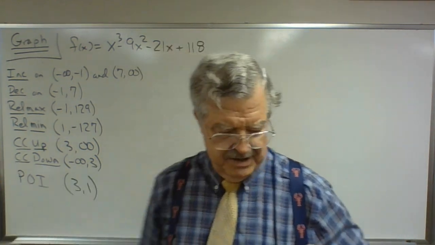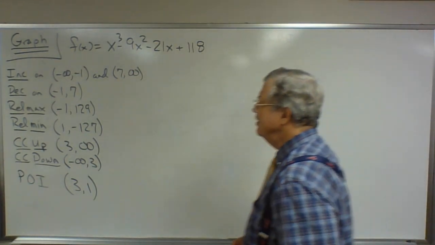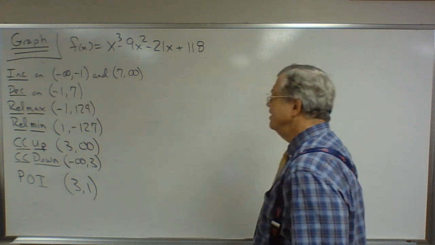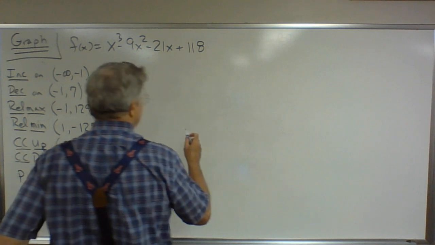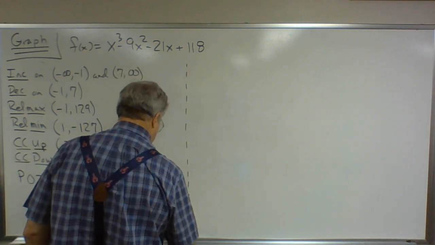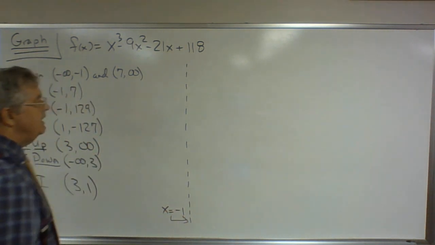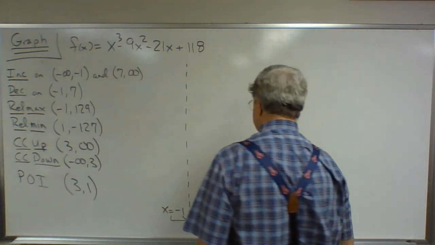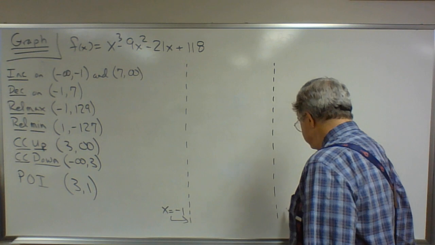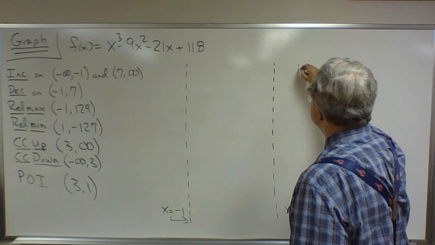And let's see. Our critical numbers were negative 1 and 7. So we'll let x equal negative 1 and x equal 7. Tell you what, let me move that over here.